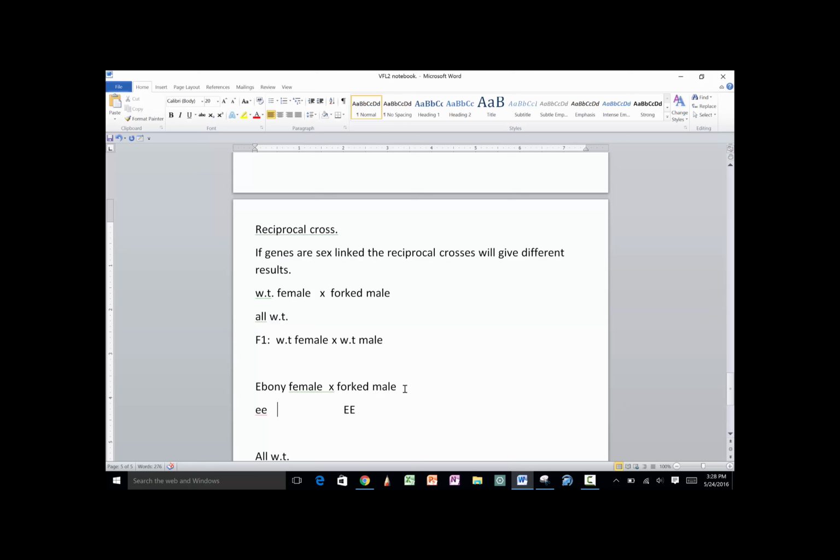This female, and we always keep the X chromosome on the left. The female is wild type. I'm not going to do the superscript this time because it'll take too long. So, the female is wild type. The male, I don't like it.